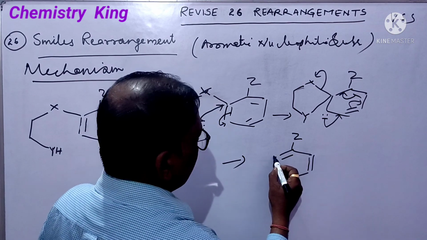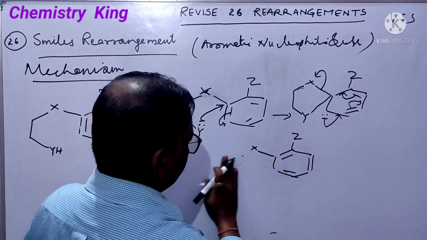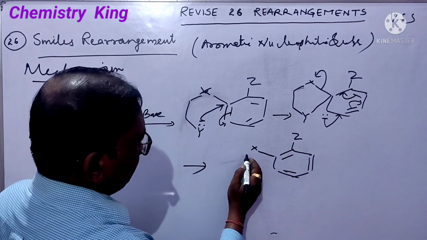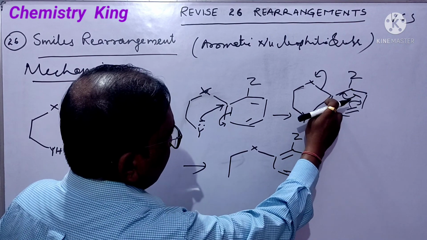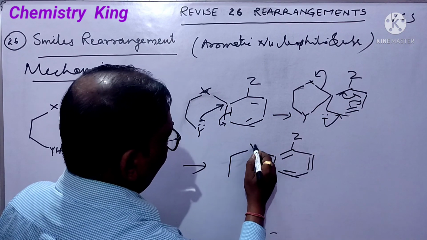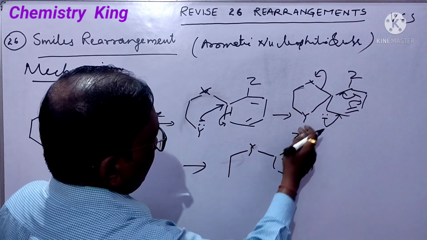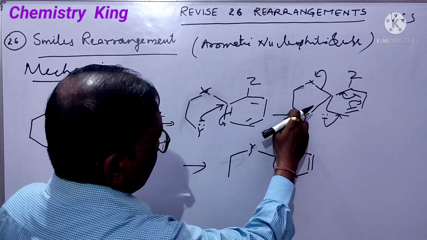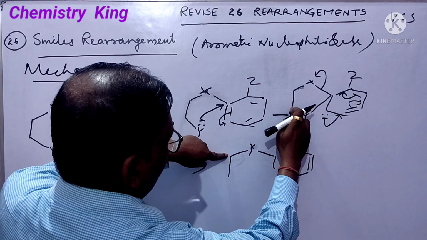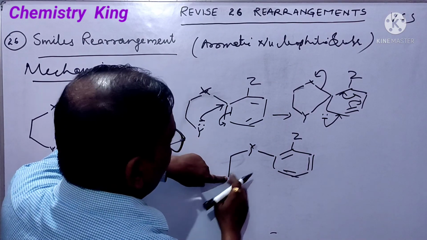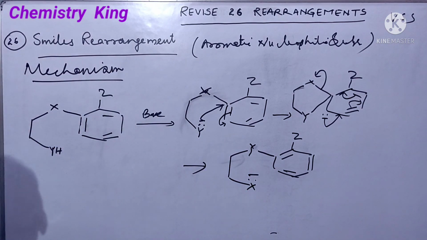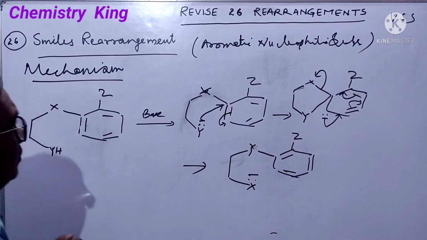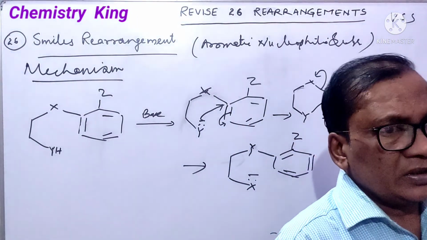It is Z, it is X. This gets attached with Y. With Y it is this carbon, and with this carbon it is X. So right here X minus. This will be the product, and it is all about the Smiles rearrangement.